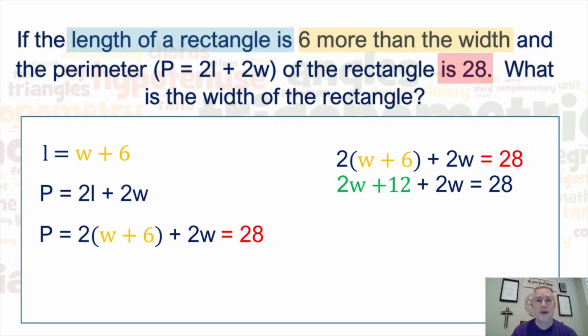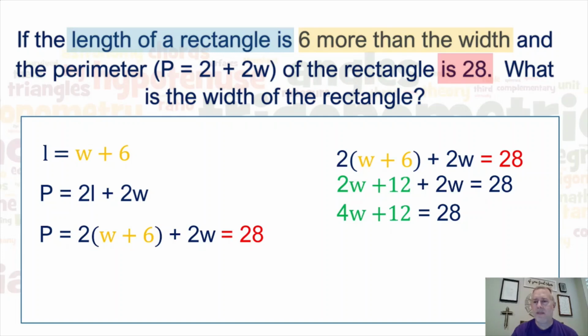Didn't change the 2W at the end, so we're still adding our 2W, and this is still equal to 28. But I see a 2W at the beginning and a 2W at the end, and I'm adding those together. A 2W plus another 2W gives us a 4W. We're still adding 12, and it's still equal to 28.